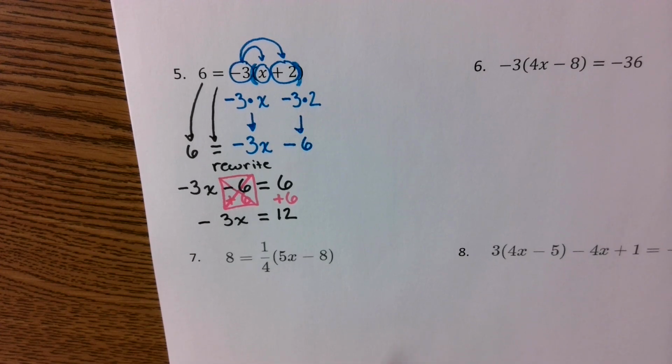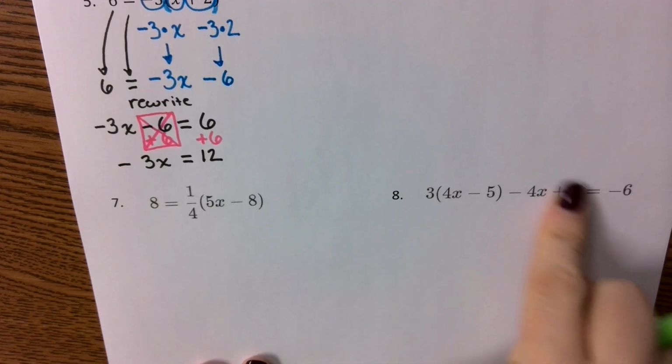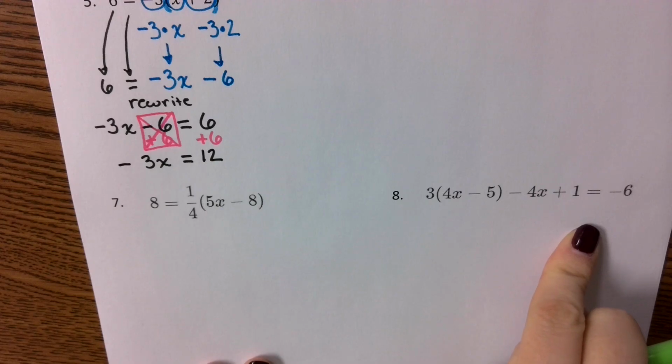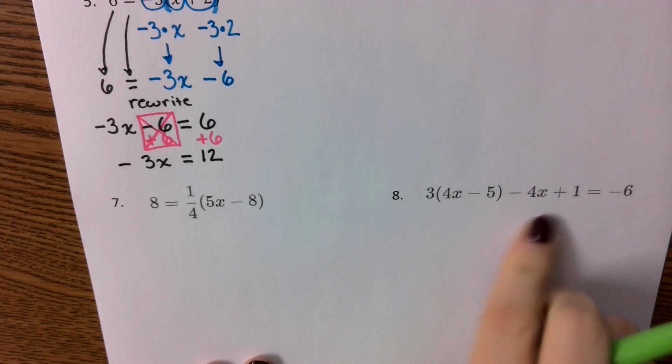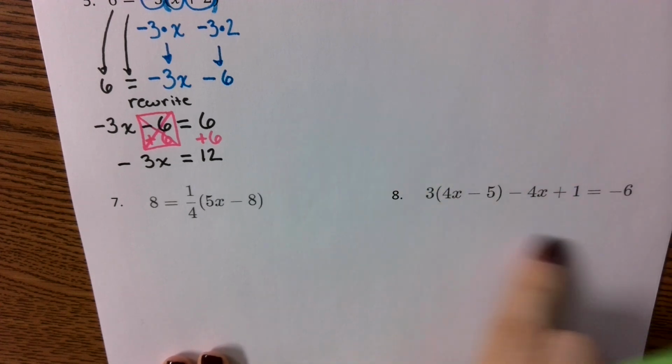Why didn't we rewrite it at the beginning? I always say to just wait to rewrite when it's simplified to a 2-step equation, because if you have a whole lot of things going on and there needs to be a rewrite, do you really want to make sure that you rewrote that correctly? You don't want to sit there and be like, let me make sure I'm transferring everything fine because I've got all these different operations and all these different terms.